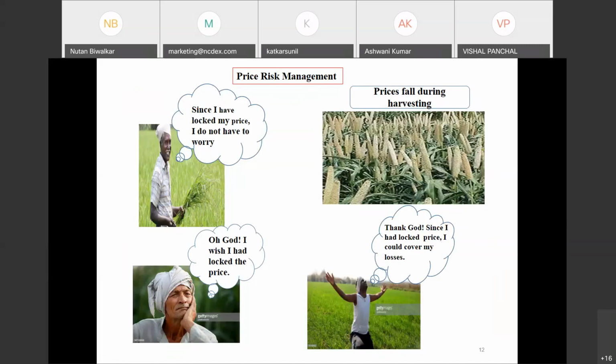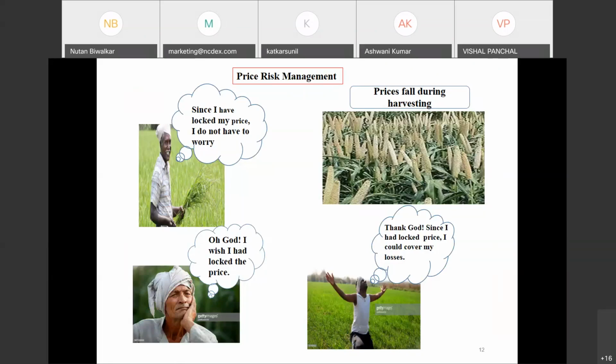Locking his price means he will take a sell position on the futures platform. Suppose he doesn't hedge and doesn't lock his price on the futures platform. Suppose the bajra prices are ruling over 500 rupees at the time of sowing, and at the time of harvest prices fall. If he doesn't lock, then he has to suffer losses.